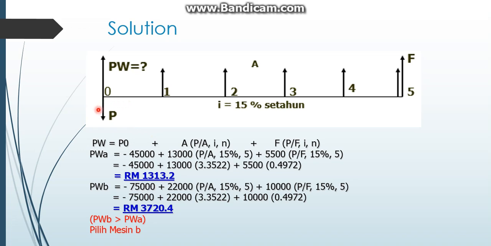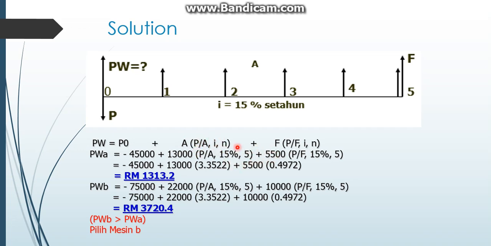So in the cash flow diagram, the arrow is pointing downwards, which means the money is going out from the company. And for A and F, the arrows go upwards, which means the money is going into the company, so it's a positive value for both A and F.